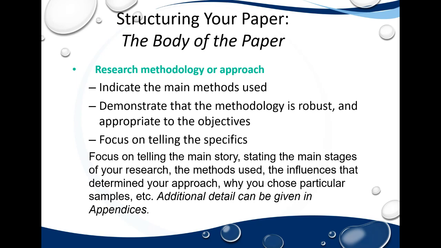Here, we need you to indicate what the methods are, speak about them, and then speak about how you've applied them, right? Demonstrate that the methodology is robust because it's going to assist you to get an in-depth understanding of this and that and the other, or because you want to compare, this is why you're drawing from this methodology, because it will assist you to do 1, 2, and 3, all right?